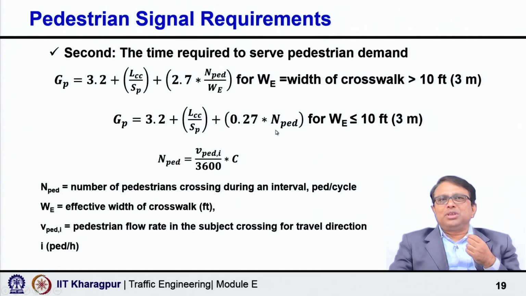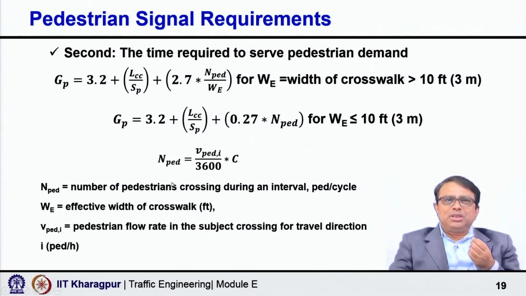So, it is 0.27 instead of 2.7, there is a difference that way. So, 3.2 remains the same, LCC by SP remains the same, and here it was 2.7 into NPD divided by WE. Here we are taking 0.27 into NPD. So, that is the equation.